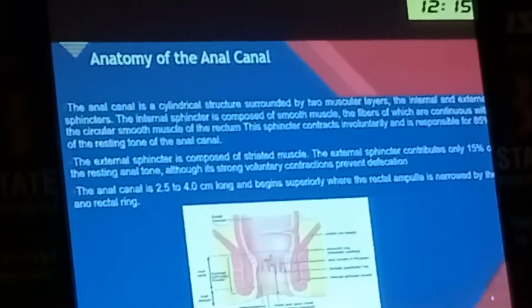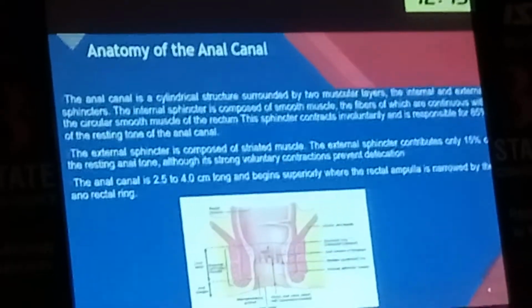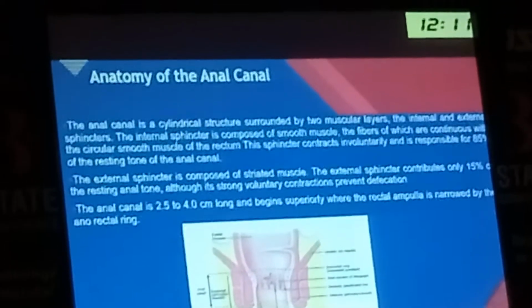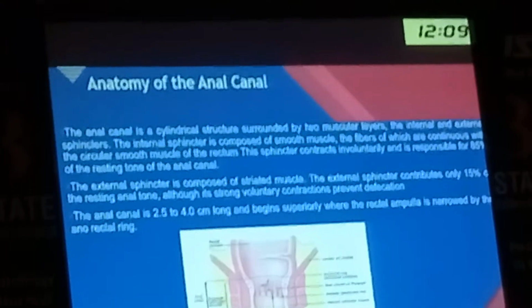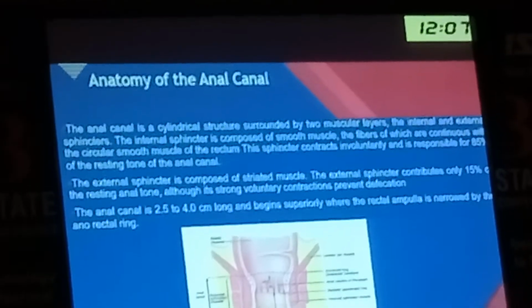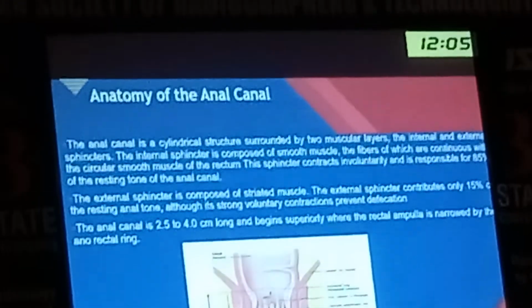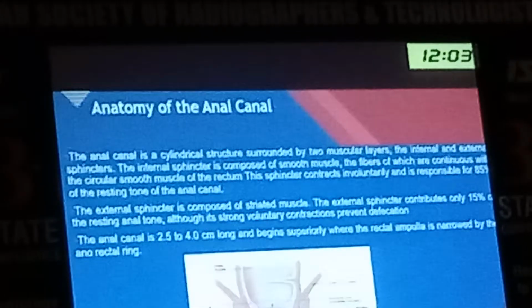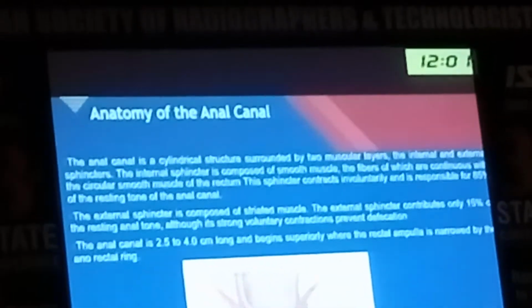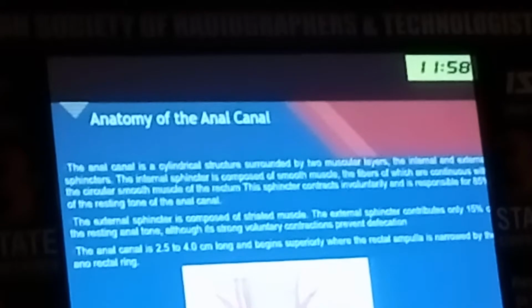It is controlled involuntarily by the autonomic nervous system. And the external sphincter is composed of striated muscle, it is voluntary muscle, and it contributes 15% of the resting anal tone.